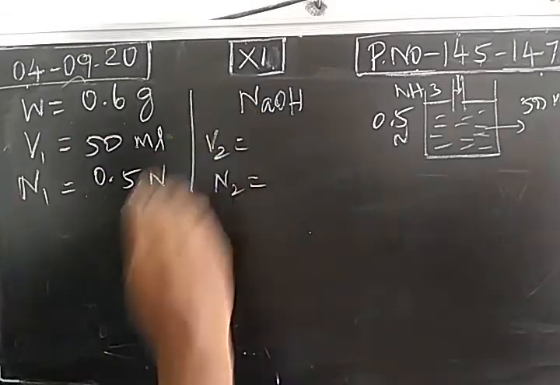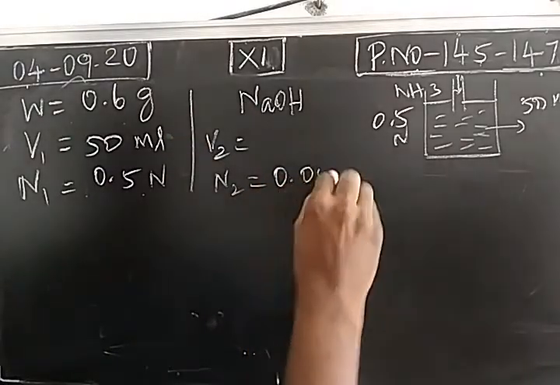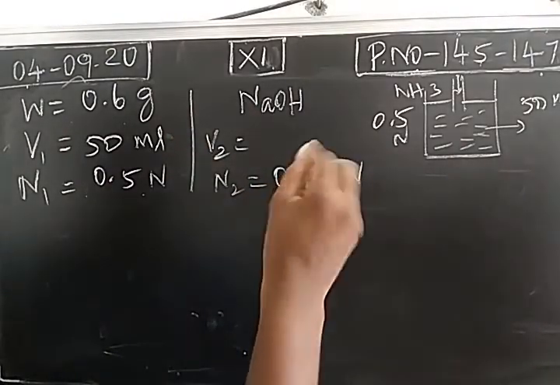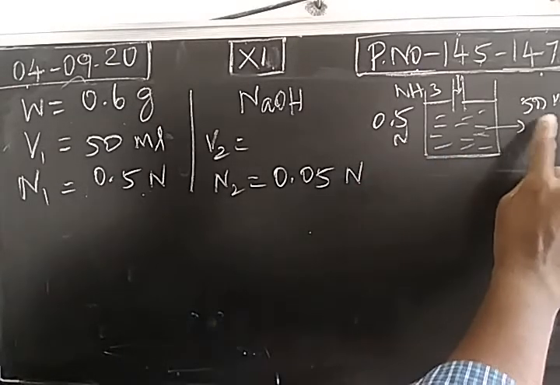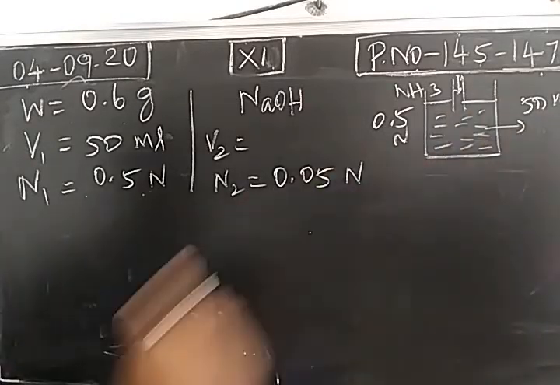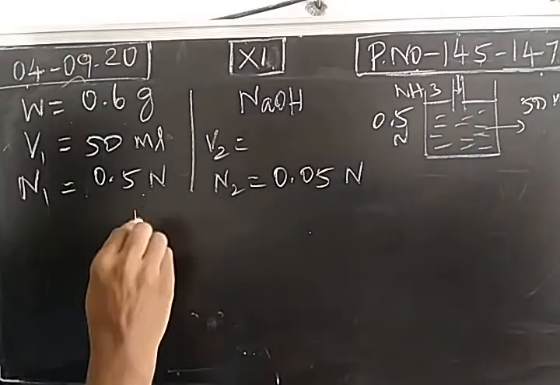We take the concentration of sodium hydroxide as 0.05 normal. Now, in the receiver, after the formation of ammonium sulfate, we dilute this solution up to 150 ml.